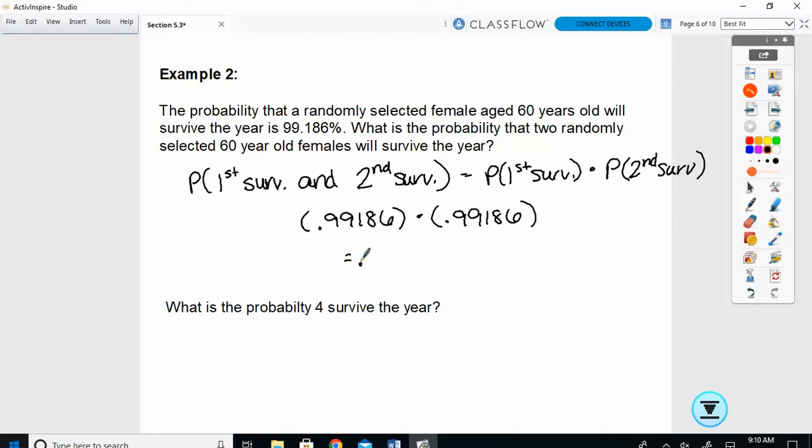So we get 0.9838. Or there's a 98.38% chance both of these women will survive the year. What's the probability that 4 women survive the year? What would we do? Keep multiplying. You have to multiply it 4 times, or you could just do it to the 4th power.